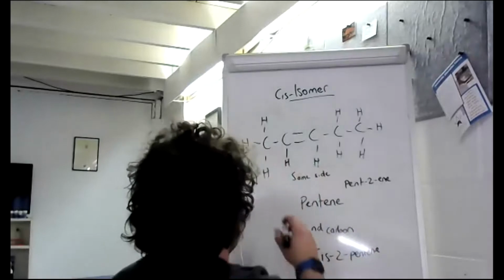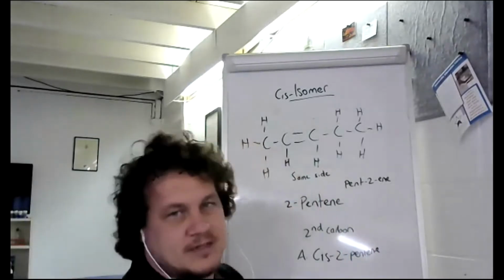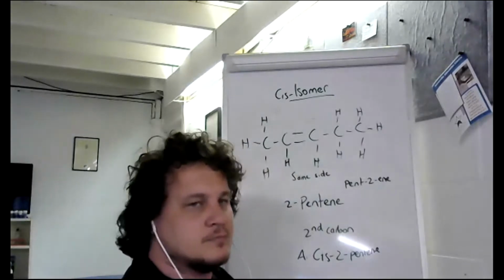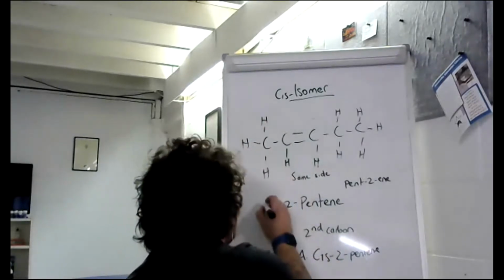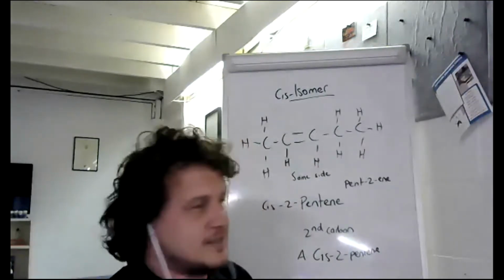But it can also be 2-pentene. Can be another way to name it. It's the cis isomer. So we would call it cis 2-pentene.